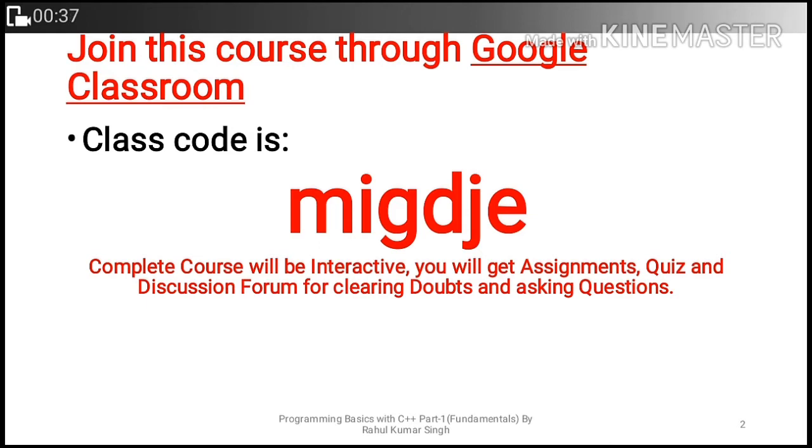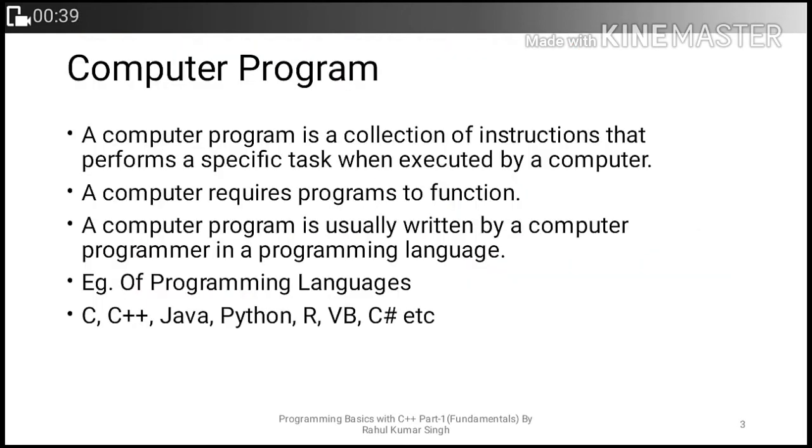Now let's start. First of all, what is a computer program? A computer program is a collection of instructions that performs a specific task when executed by a computer. Suppose we instruct some person to close the door.